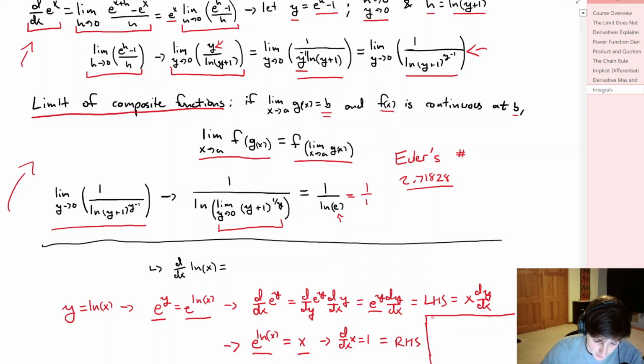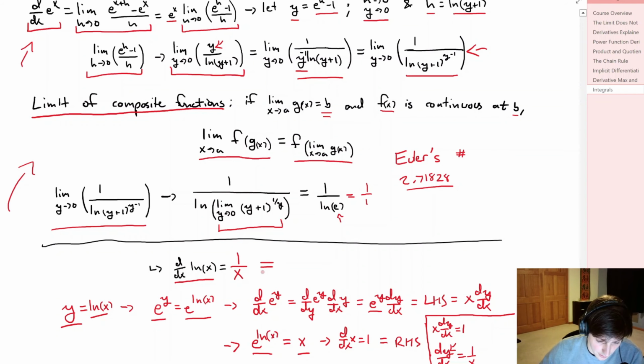If we say our left-hand side is equal to our right-hand side, we say x dy/dx is equal to 1. Or we could say that the derivative of y with respect to x is equal to 1 over x, where this y is equal to ln of x, which is what we're looking for right here. We would say that the derivative of the natural log of x is equal to 1 divided by x.